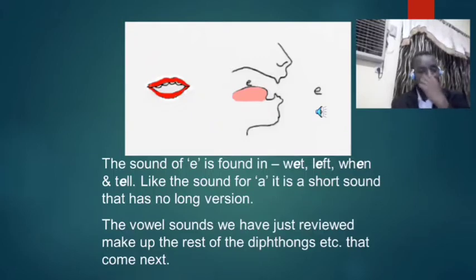Then clarify your answer with evidence and examples. This sound looks like the letter A. It is a short sound that has no long duration. And the vowel sounds we have just reviewed make up the rest of the sounds.